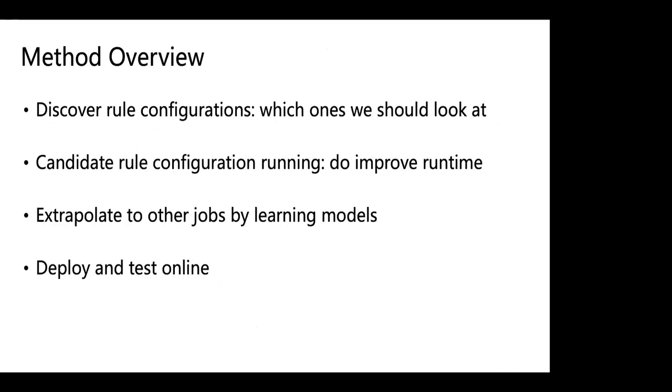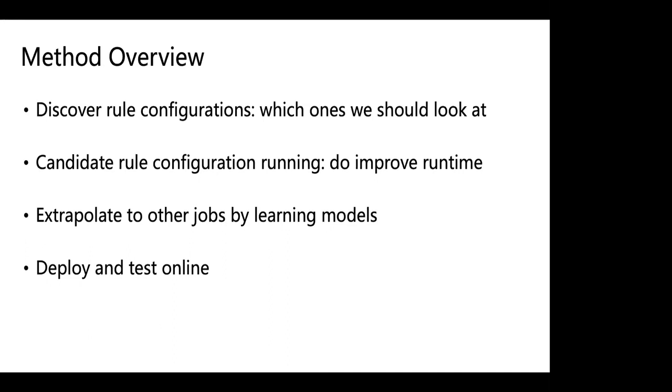Okay, here is the method overview for this paper. First, we run some query workload and discover rule configurations using just a random search, to see which rules we should look at.